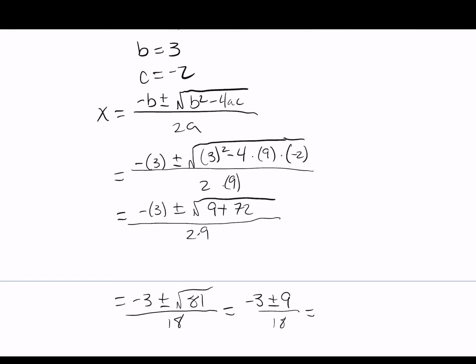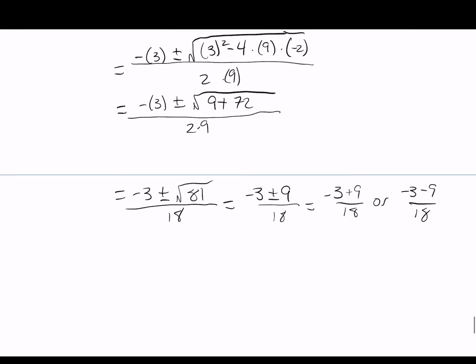which is -3 plus 9 over 18, or -3 minus 9 over 18. So x is equal to -3 plus 9 is 6 over 18, or x is equal to -3 minus 9, which is -12 over 18.